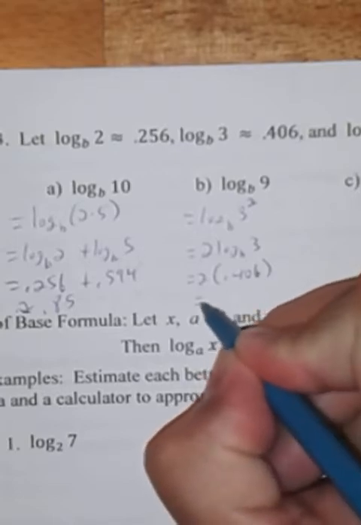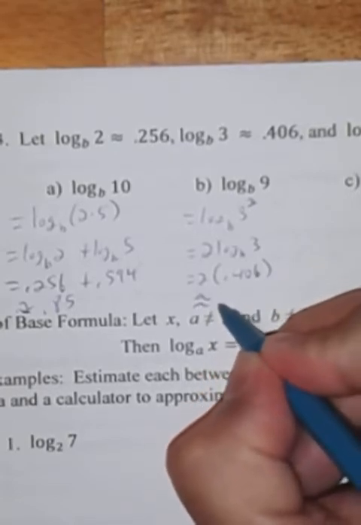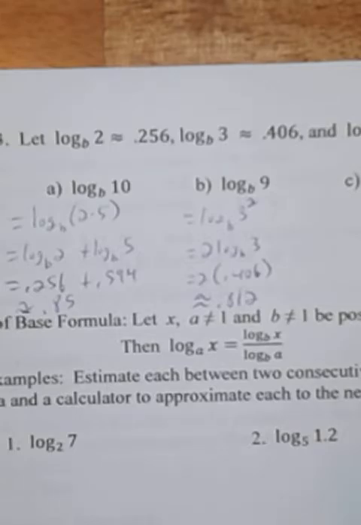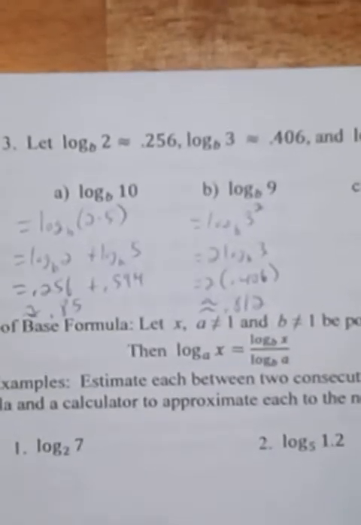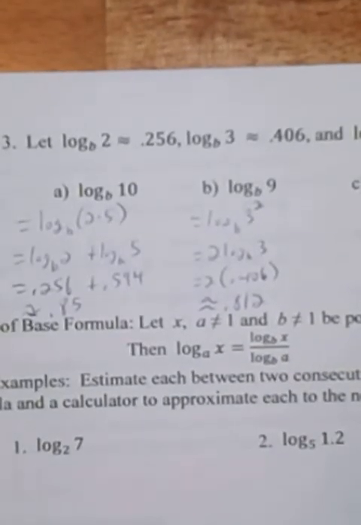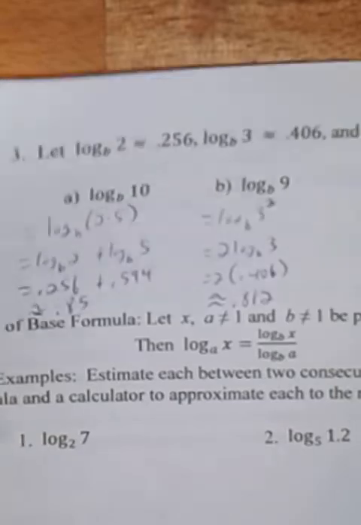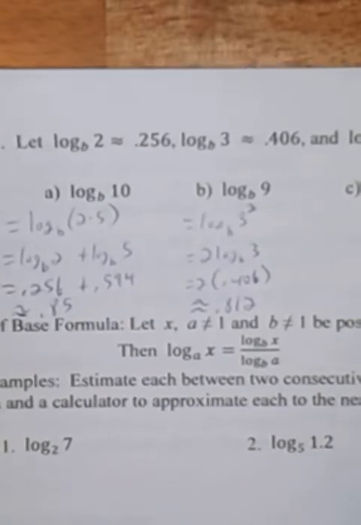That'll be approximately 0.812. So log base b of 9 is approximately 0.812. Notice I'm not looking for what b is. Not the objective, right? I'm just using the information I'm given to find some quantities.